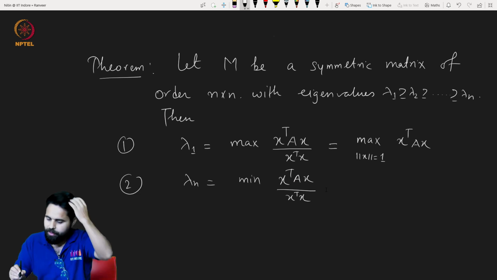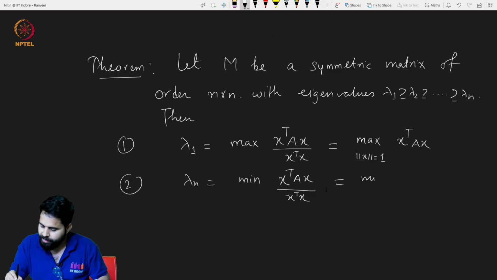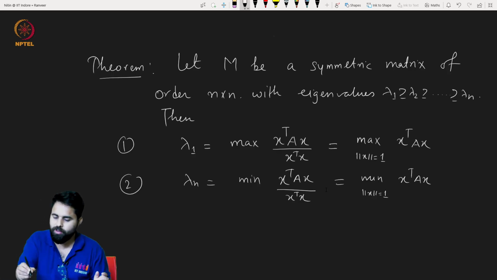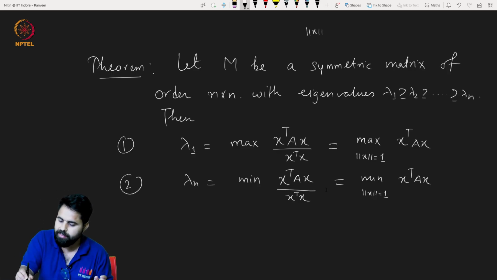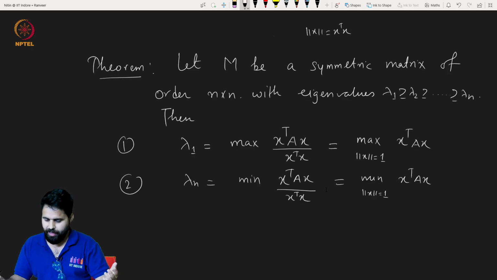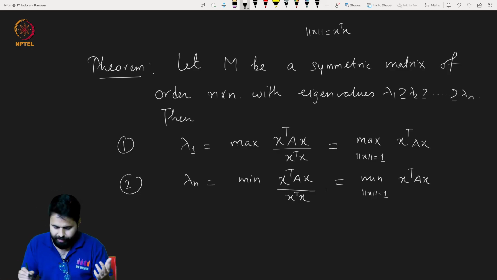Equivalently I can write the minimum over x transpose Ax with norm of x equal to 1. Remember, norm of x squared is nothing but x transpose x. Very good.